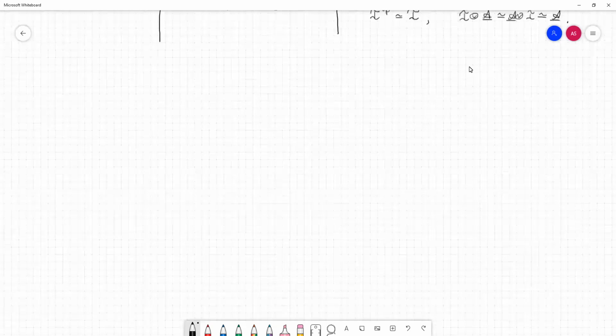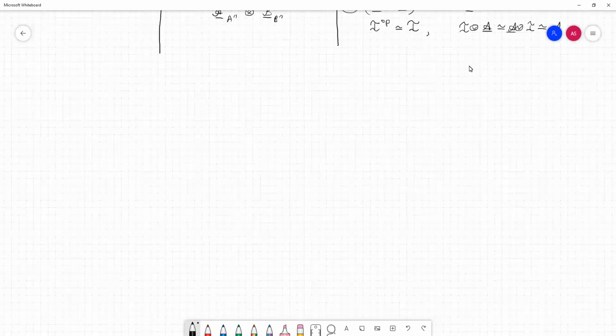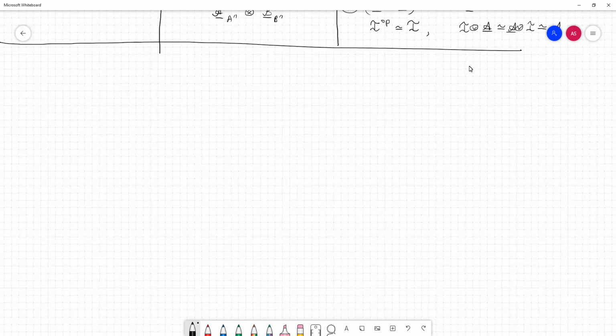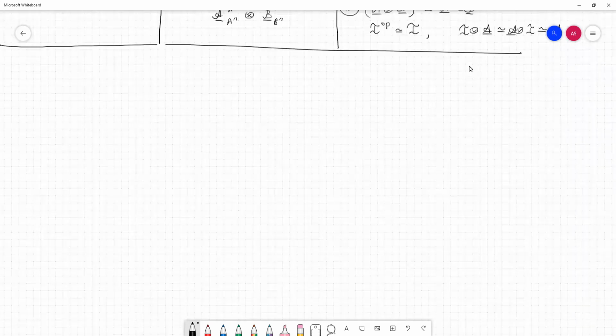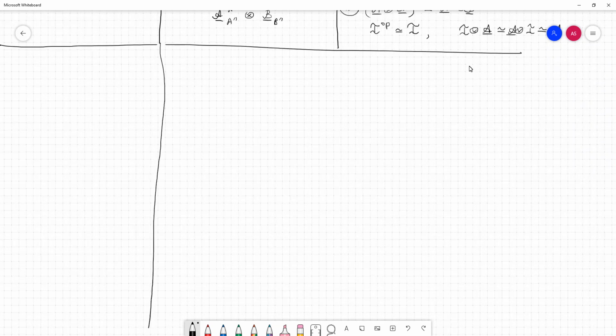So now we are moving forward. We have 15 minutes left. So I will define, I guess, what is an enriched functor and a self-enriched category. Yes, it's a funny name, self-enriched category.